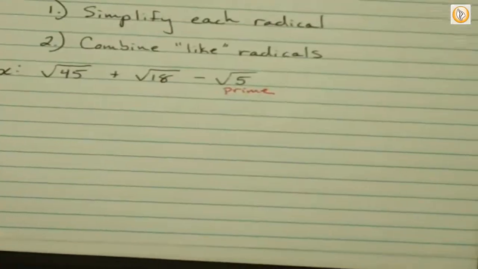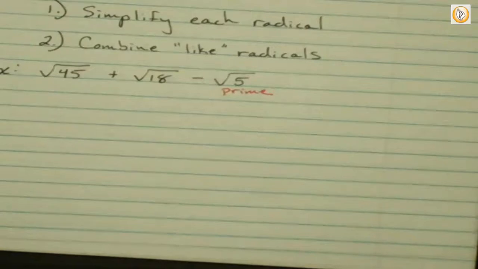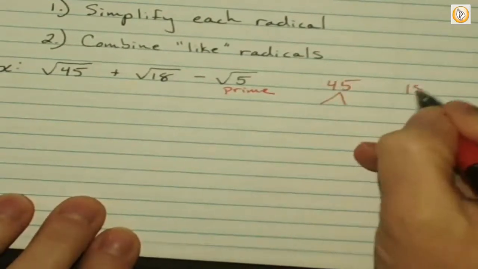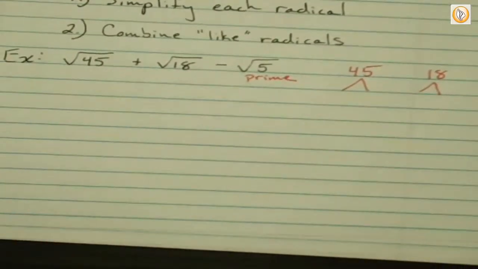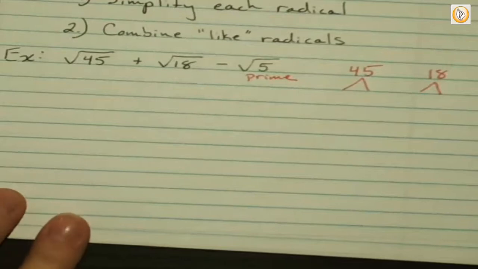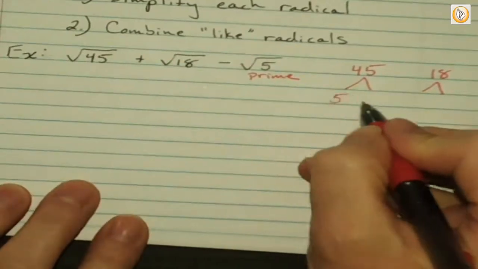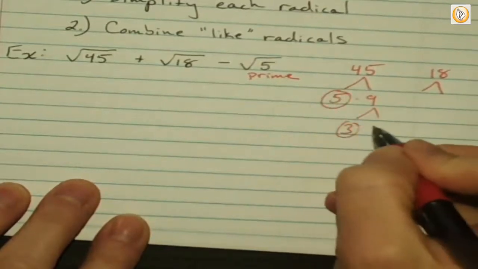So I'm going to come over here. 45 and 18. I'm doing it. You are too. I don't care if you can do it in your head. You're doing it. 5 times 9 gives us 45, and then we have 3 times 3.